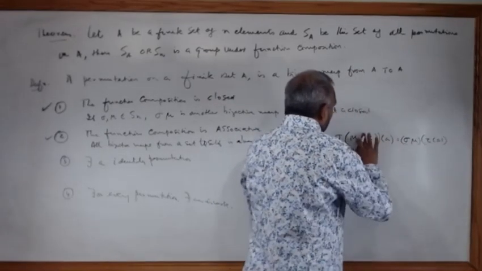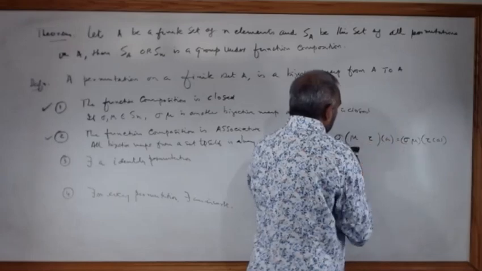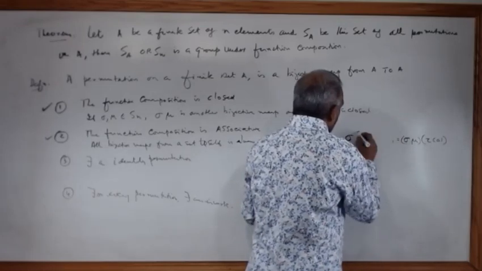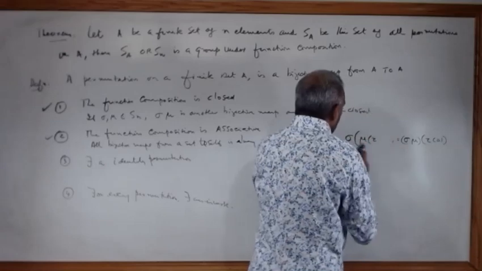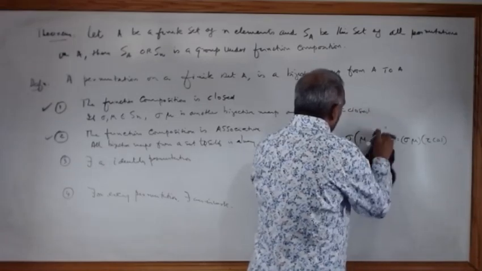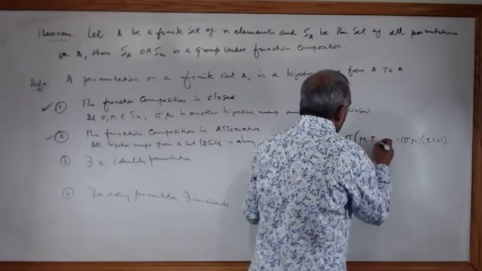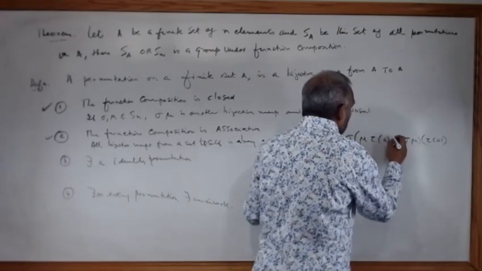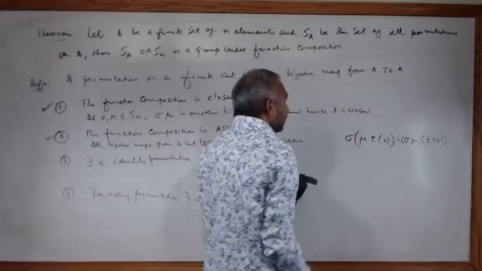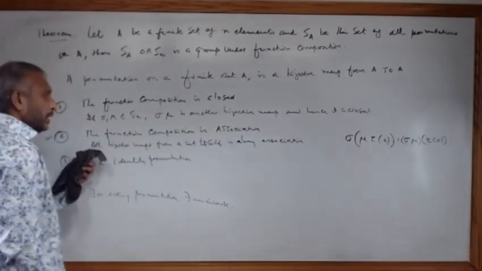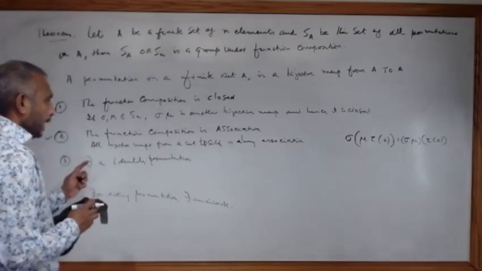Actually, you can write it like this: sigma of mu of tau of an element is equal to this. You can verify that. I'm not going to try that because this comes from elementary algebra.